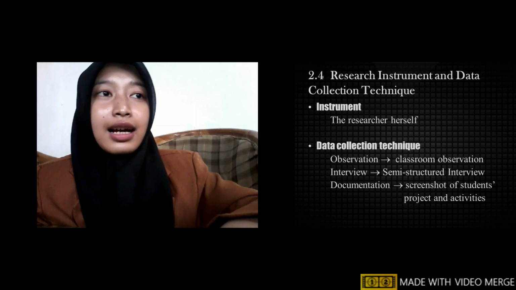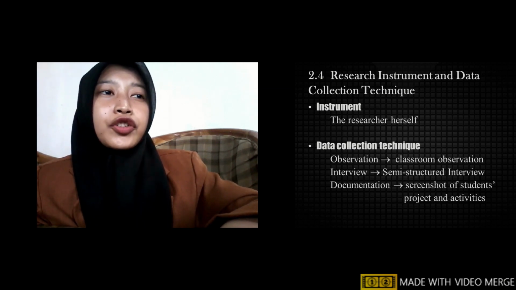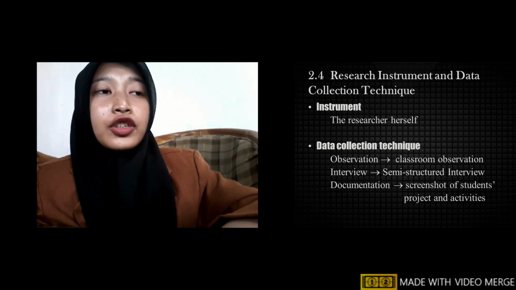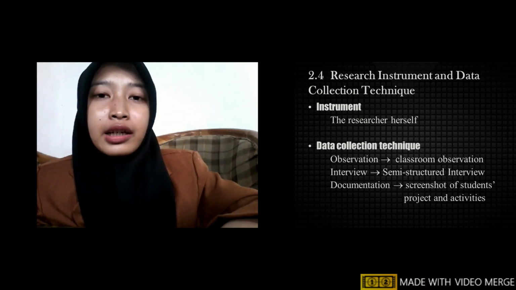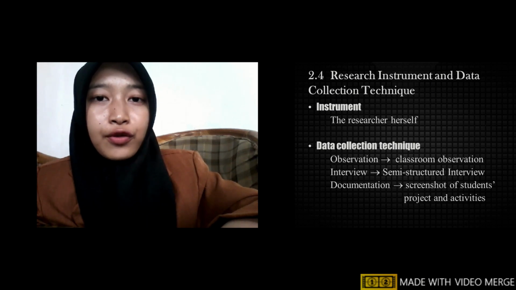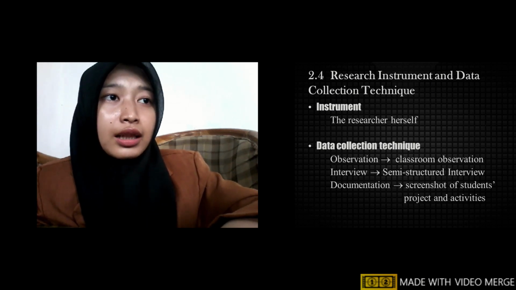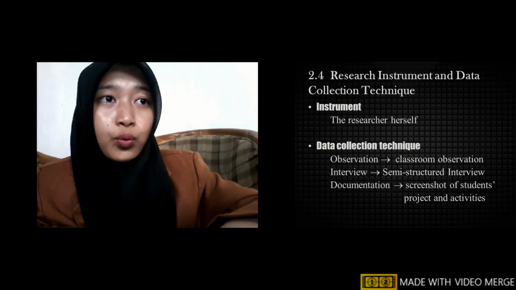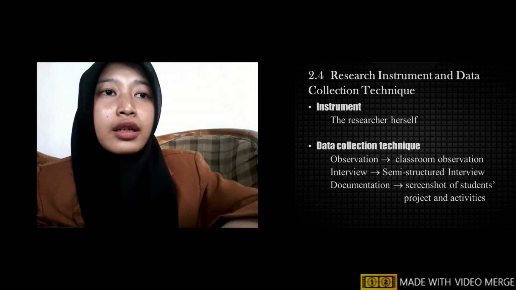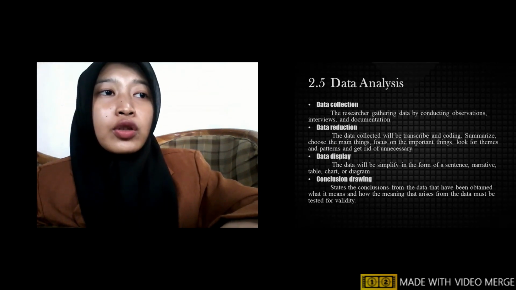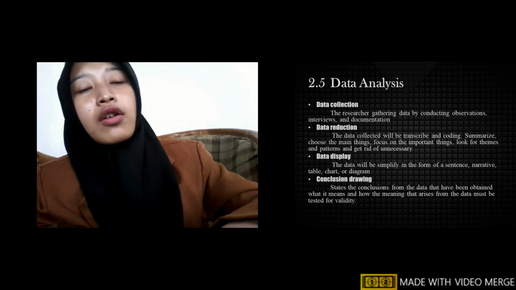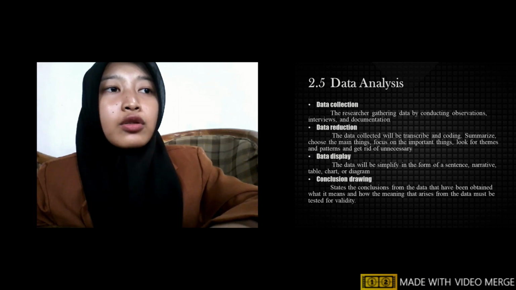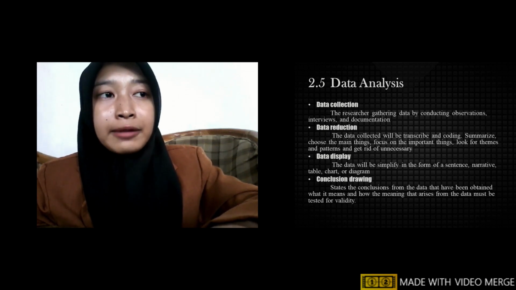Data analysis, which consists of data collection. In the data collection, the researcher gathers data by conducting observation, interview, and documentation. Data reduction. The data collected will be transcribed and coded, then summarized, choosing the main things, focusing on the important things, looking for themes and patterns, and getting rid of the unnecessary.